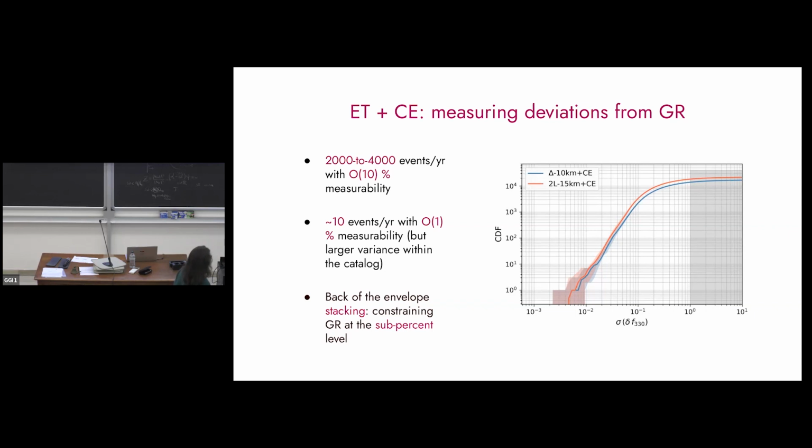Stacking is a highly non-trivial operation. It depends on your assumptions. If you have a deviation that is not constant and is very sparse, then in this case you should introduce selection effects, similarly to what they do in population studies.